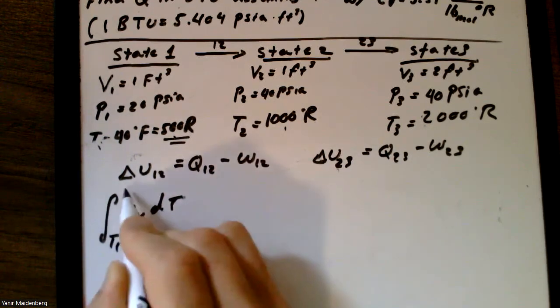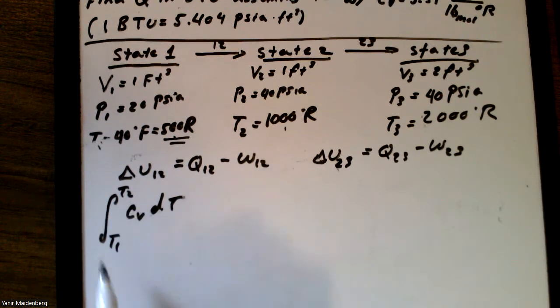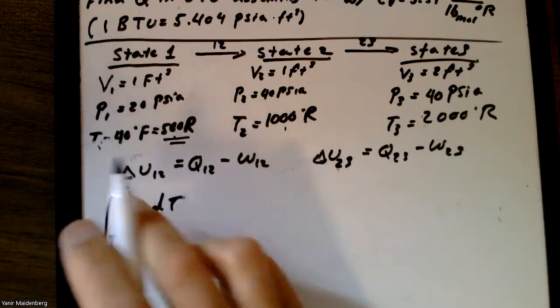Now this is assuming total CV, meaning not a specific heat but heat capacity. So meaning capital C. If it's lowercase c, which you could easily do, it's not a big deal. You could do the same thing.